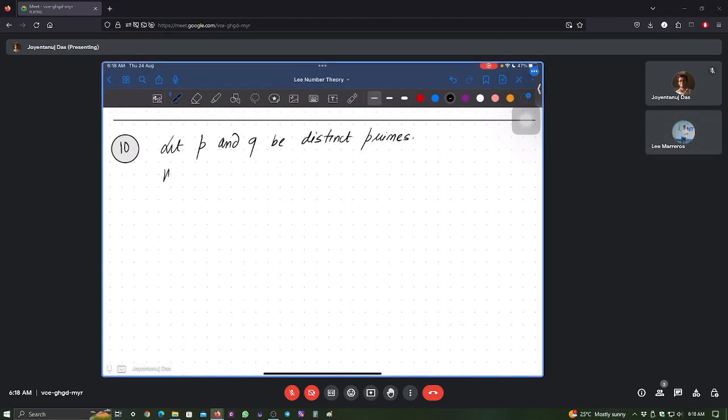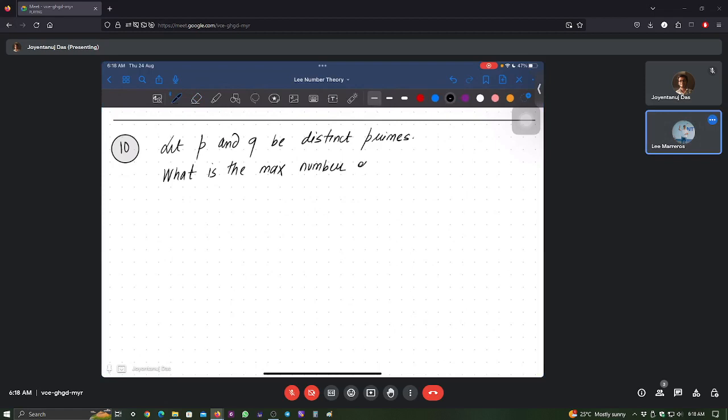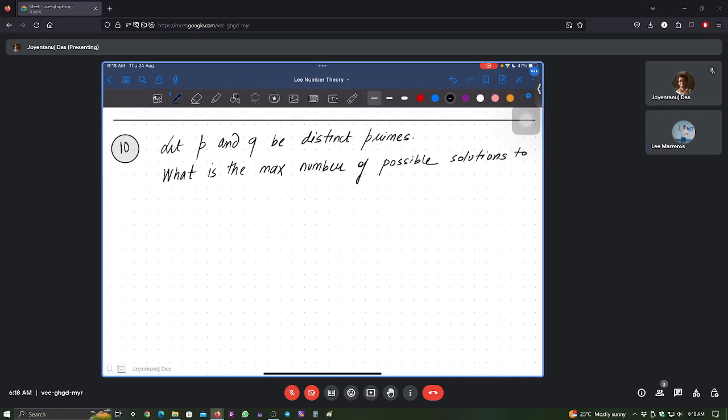Then what is the maximum possible number of solutions to a congruence of the following form? That is x square minus a is congruent to 0 mod pq.